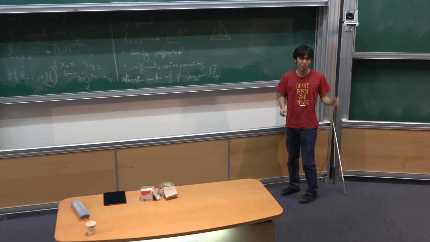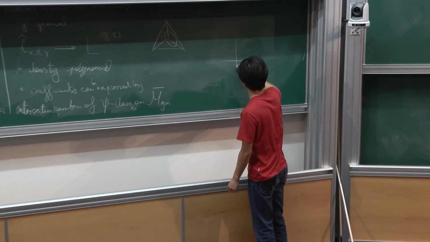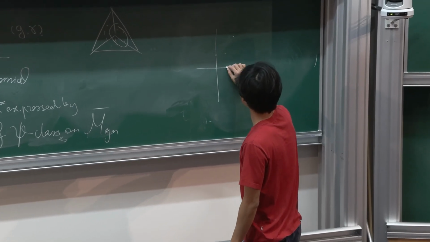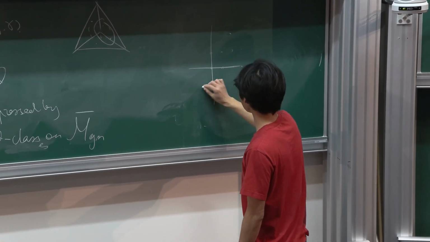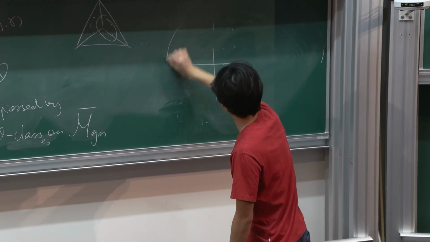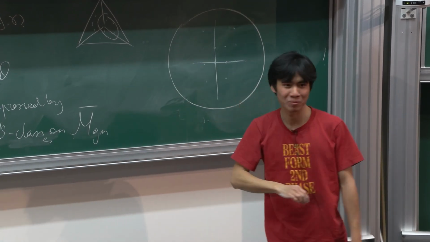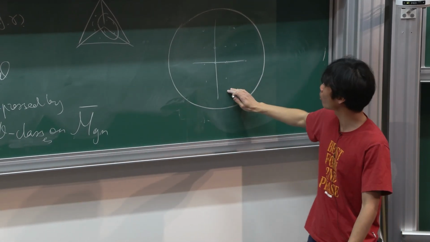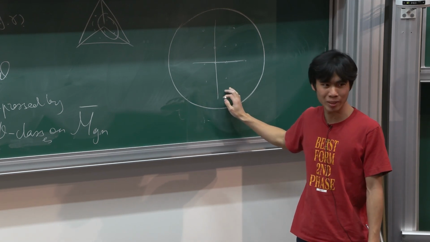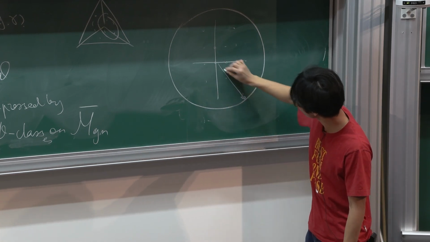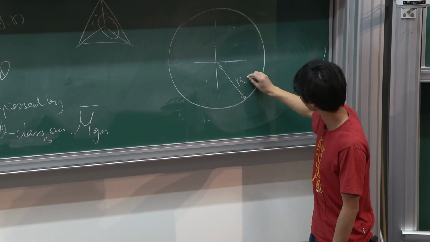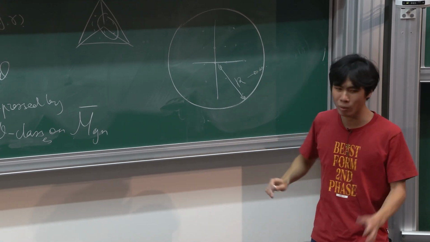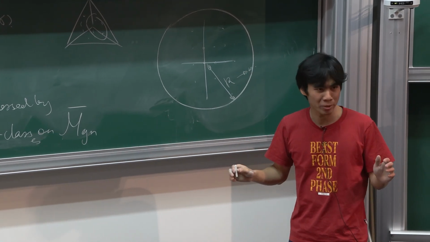You all know there is a problem called the Gauss problem. You have integer points in the plane, and you draw a big circle, and you want to count how many points are inside of this circle. When the radius r goes to infinity, you want to know roughly how many points there are.